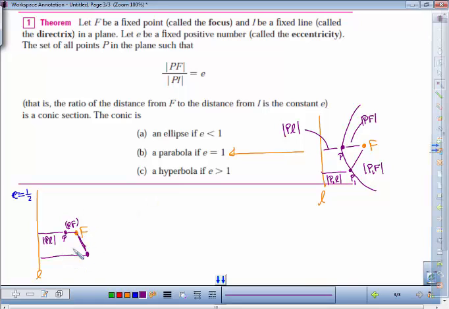That looks about half. So let's call this P1. So the distance between P1 and the line, and the distance between P1 and the point. The distance between P1 and the point looks like it might be half of the distance between P1 and the line. That makes that ratio equal to 1/2.